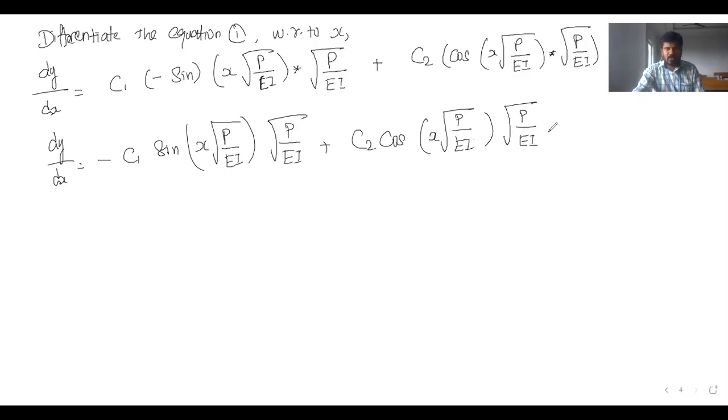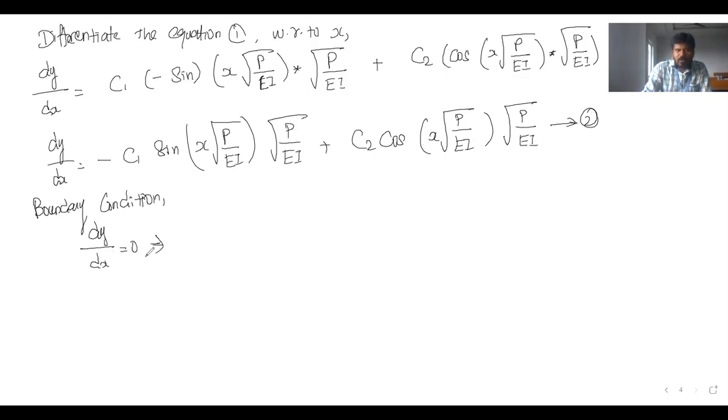So this is equation number 2. Now we know the boundary condition: dy by dx is equal to 0, that is, the slope is equal to 0.